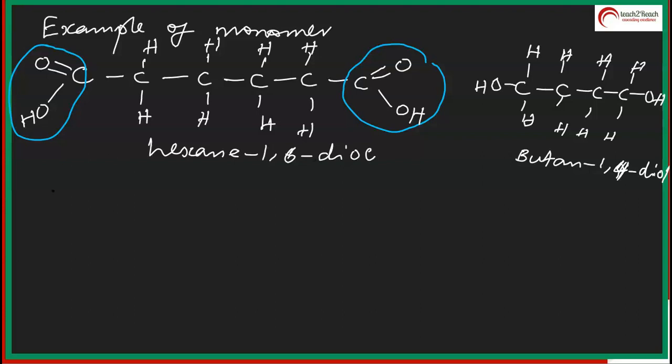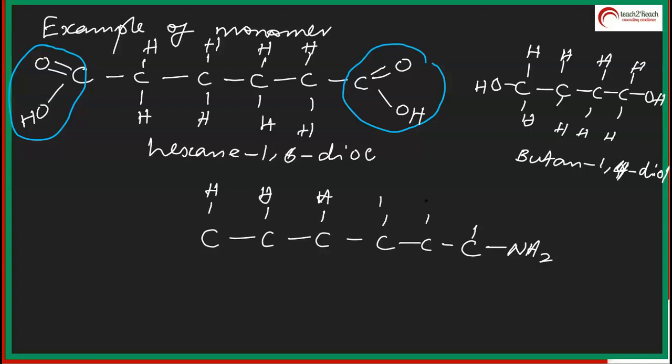Okay, so we could also have another monomer. Let me do another 6 carbon. Let's have an amine group, a 6 carbon amine. So I have NH2 here and NH2 here.